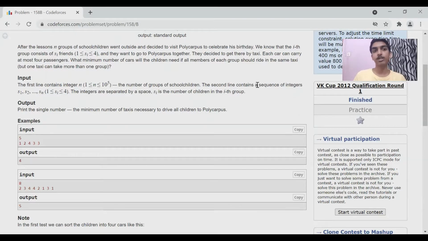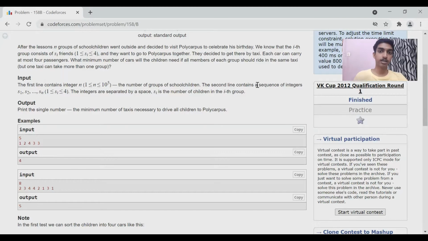So basically what this problem means is that there are n groups of people and each group has 1 to 4 members. These guys need to go somewhere in several taxis, and the thing is that each group needs to go in the same taxi.